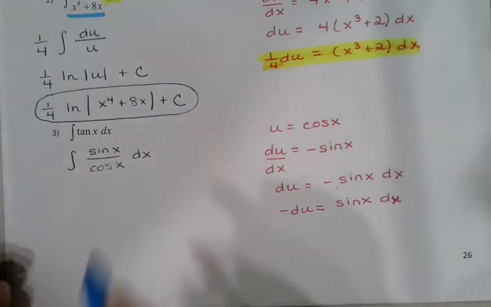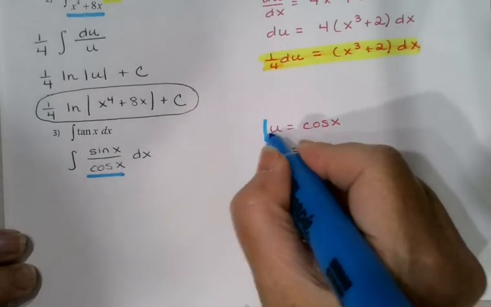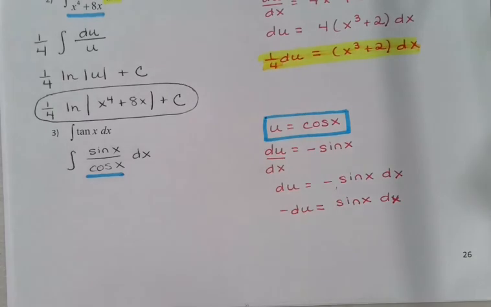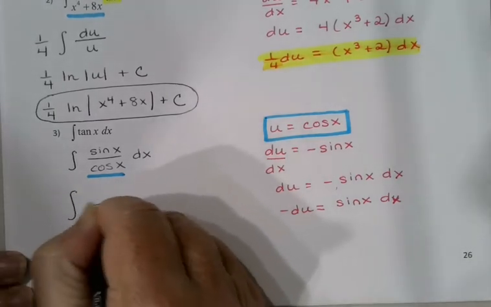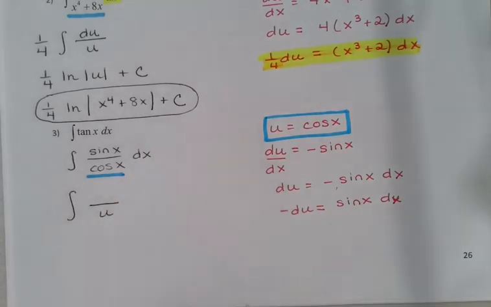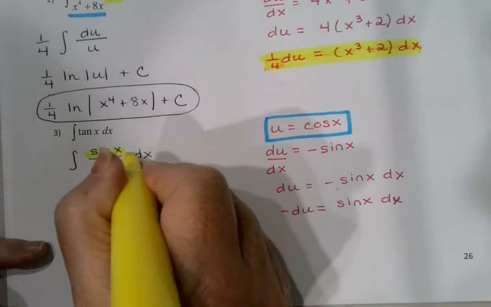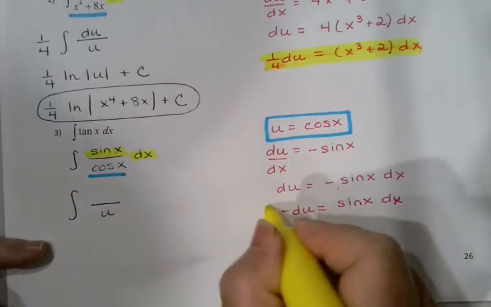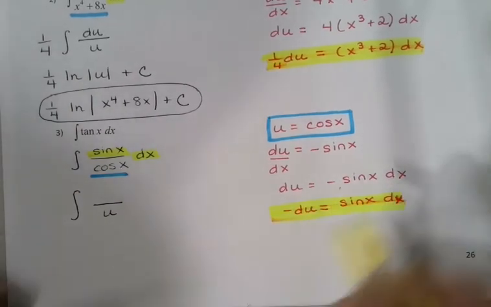All right, I do have a sine x dx. That's a good thing. So I'm going to go ahead and replace my denominator, that cosine x, with a u. And then I'm also going to replace the sine x dx with a minus du.